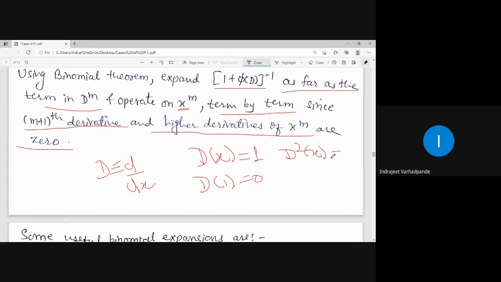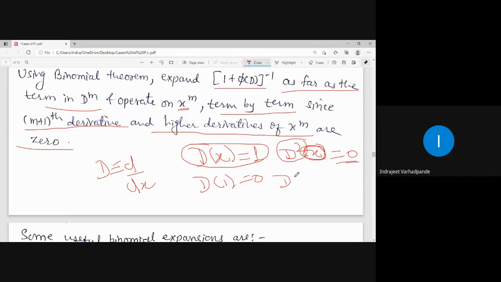First derivative of x is 1. Second derivative of x is 0. So I can understand that whatever is the degree of polynomial, only that much derivative exists. All higher order derivatives are always 0.